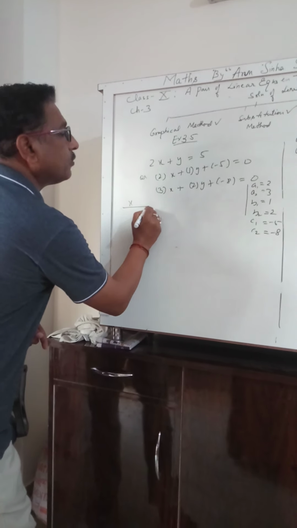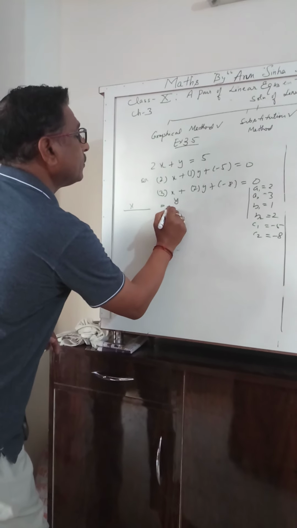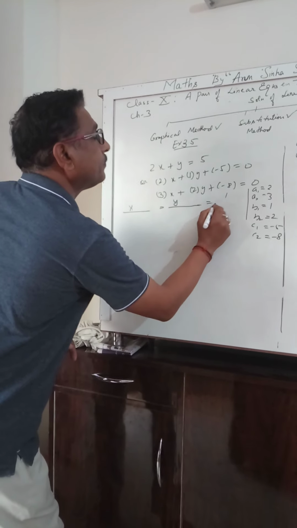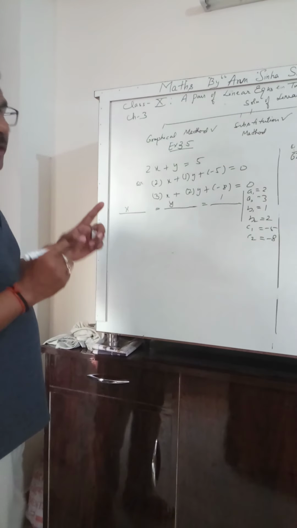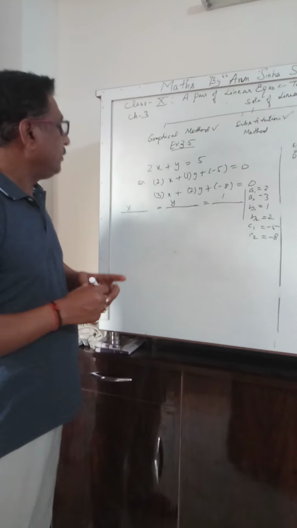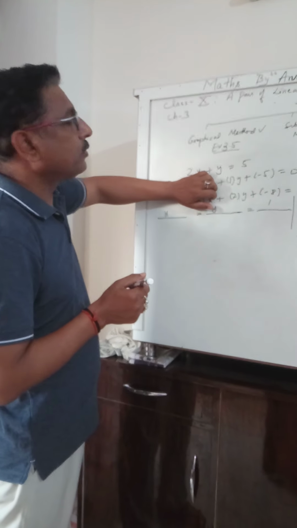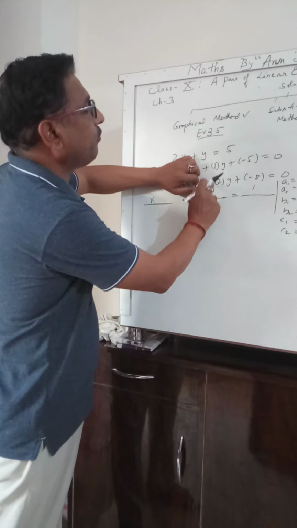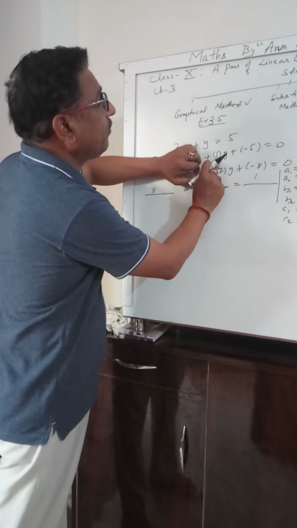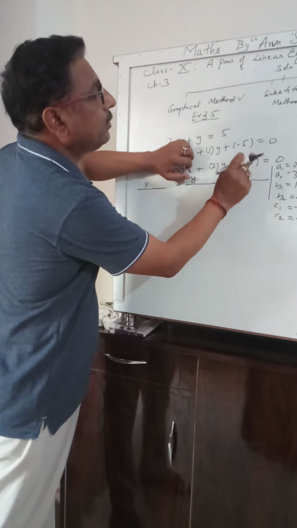Okay, children, for cross multiplication, again we are recalling the method. To get the value of x, you just hide this term. So you can see these four terms: B1, B2, C1, C2.